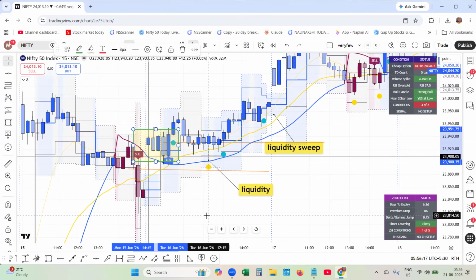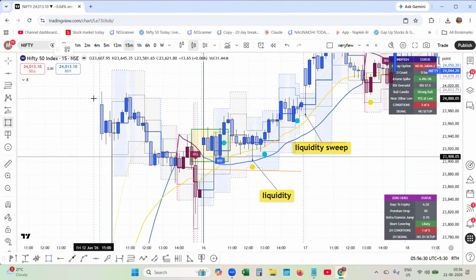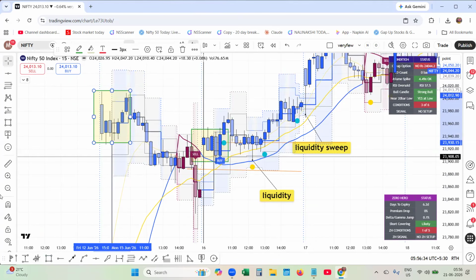The engine helps traders identify whether the opening range is being accepted or rejected. Here, you can see on the left side, this was the opening range. It has been rejected.